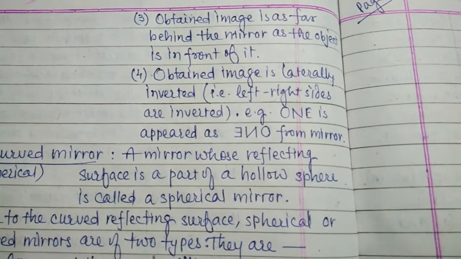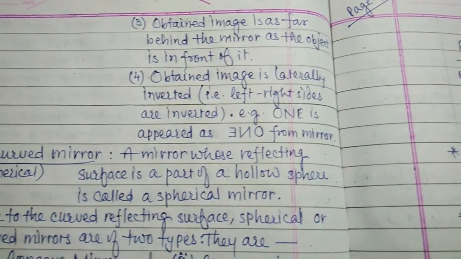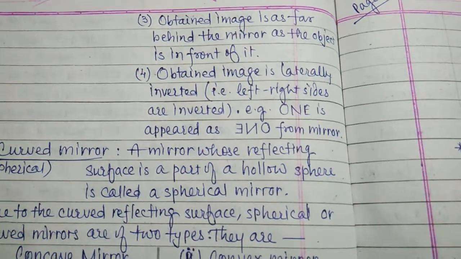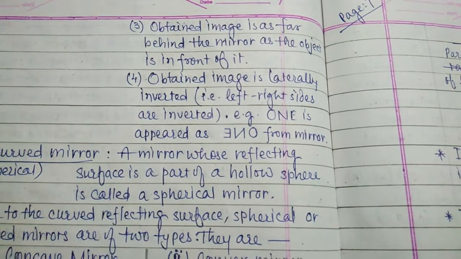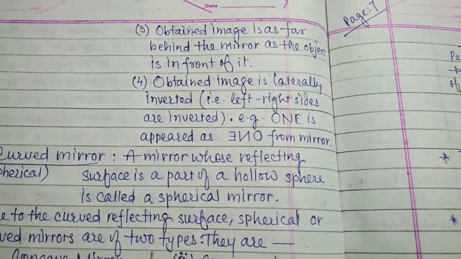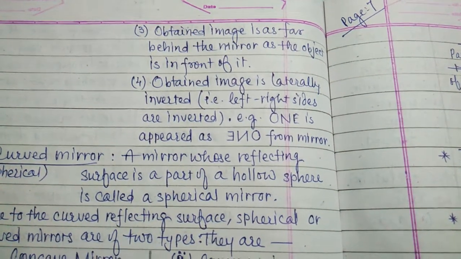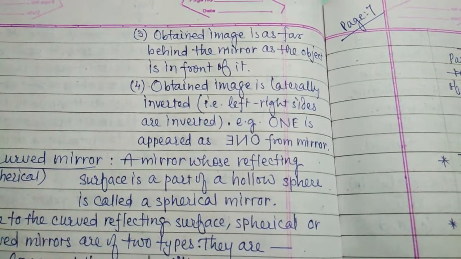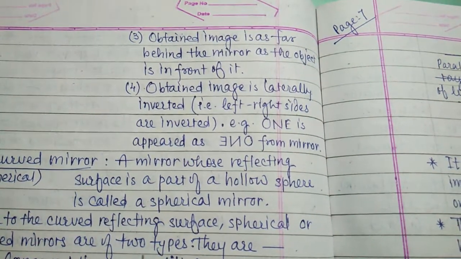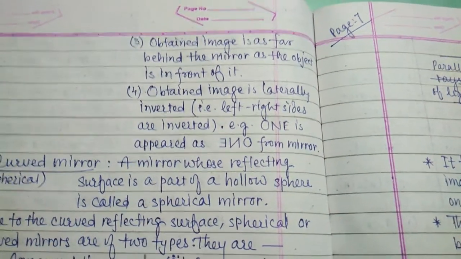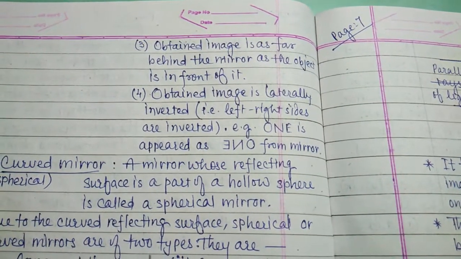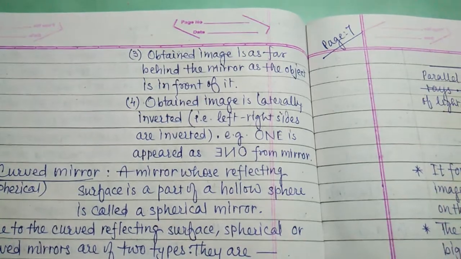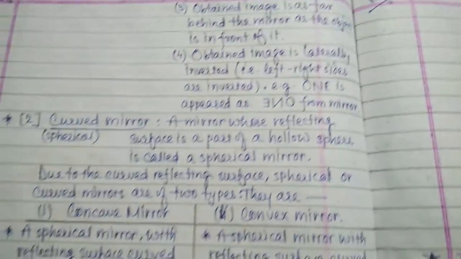The obtained image is laterally inverted. It means left and right sides are inverted. As for example, we have seen the word on an ambulance written with left and right sides inverted.